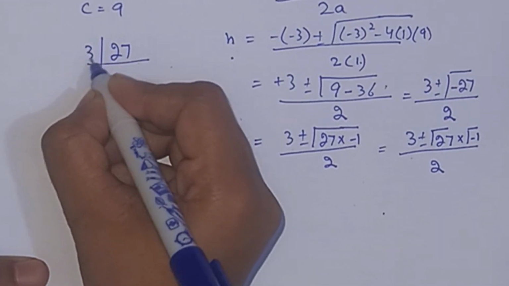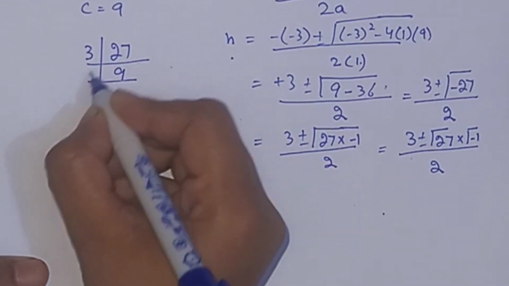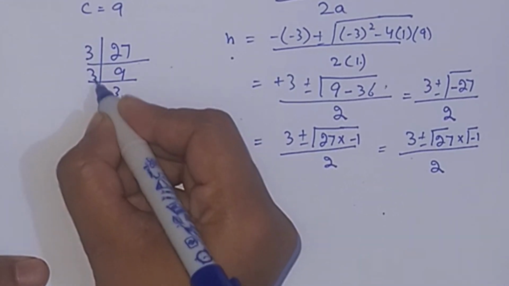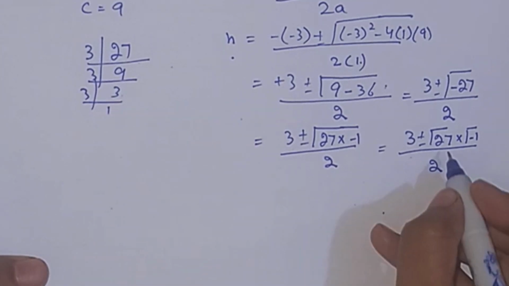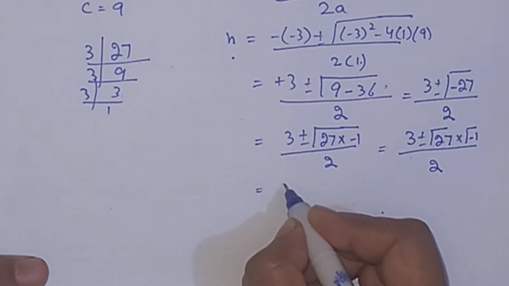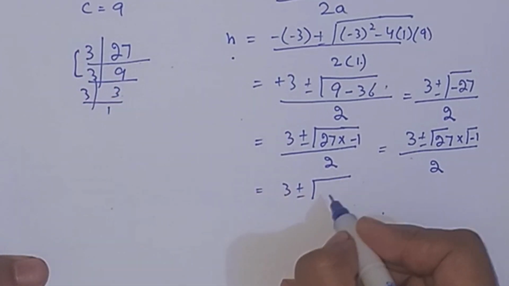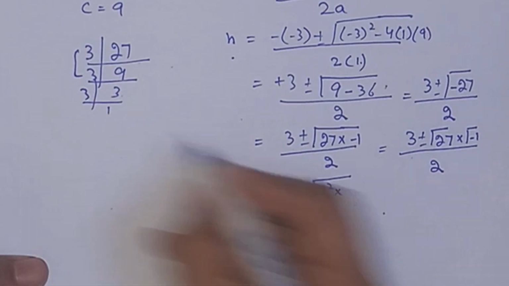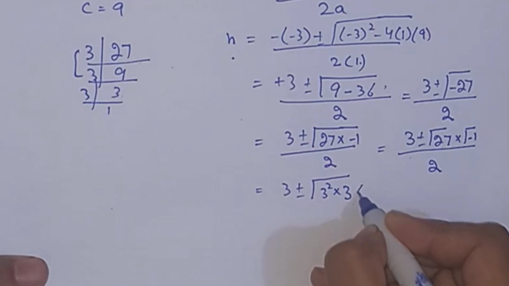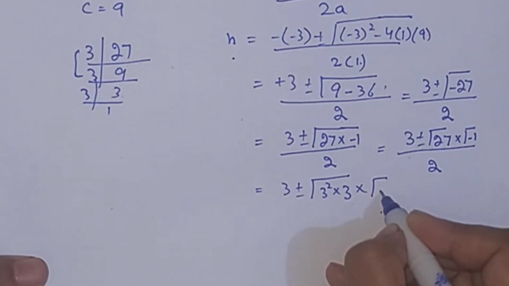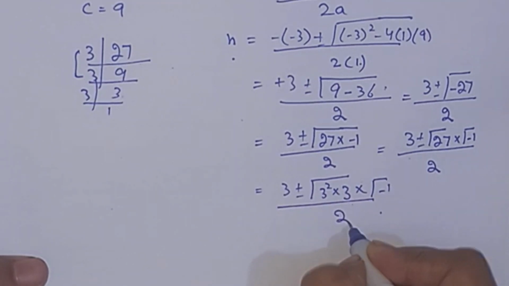So 3 9s are 27, and 3 3s are 9. So we write this 27 as 3 square multiplied by 3, and this is the square root of minus 1 over 2.